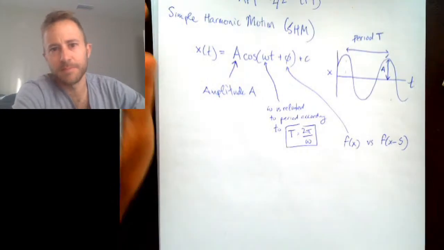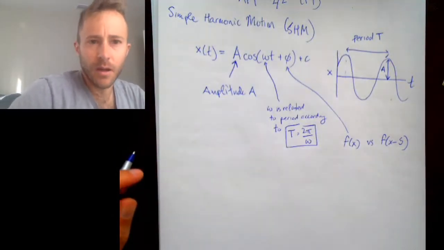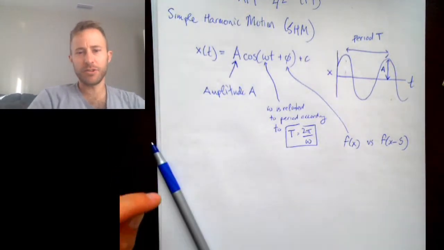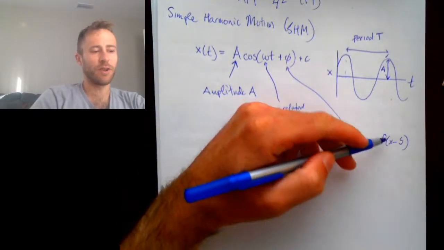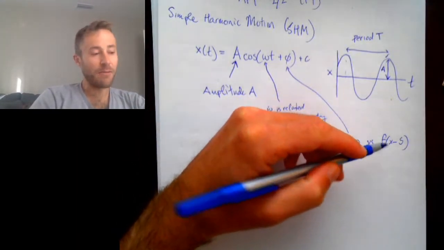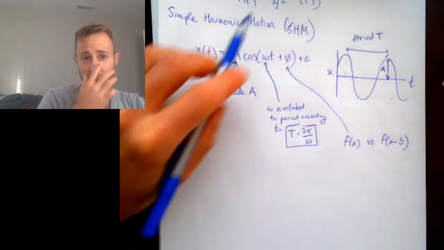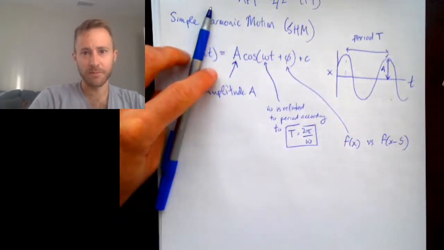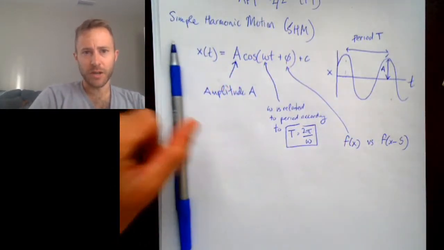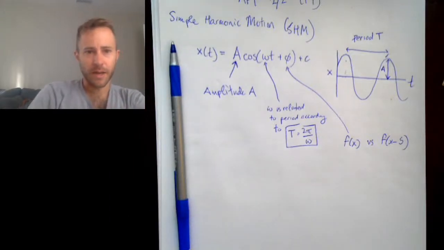Can you tell me, type it into the chat if you know what it means to graph f of x versus the quantity f of x minus 5. Type it into the chat if you know what the difference between those graphs would be.